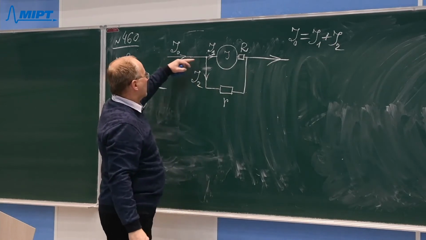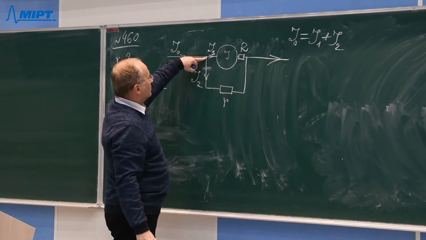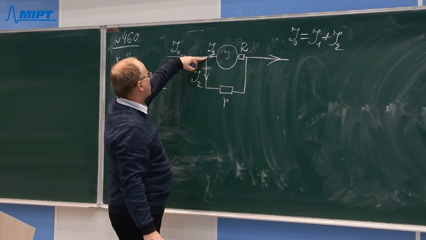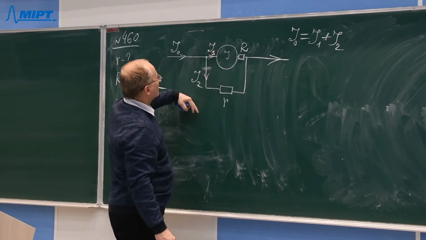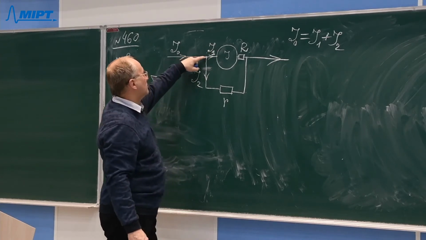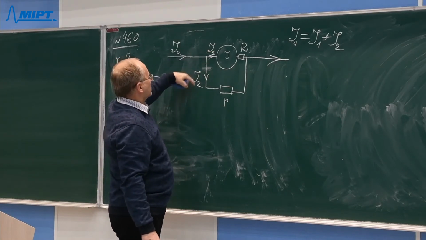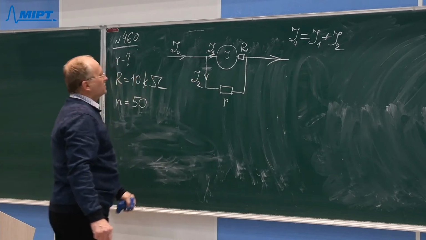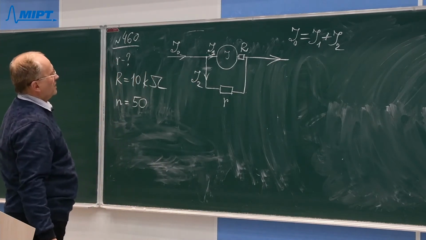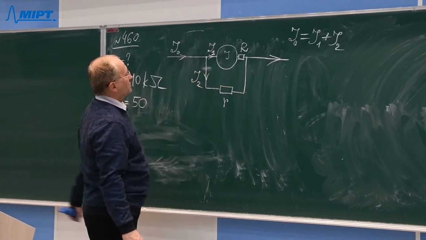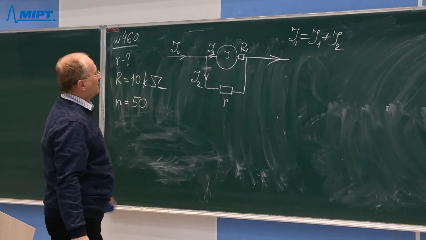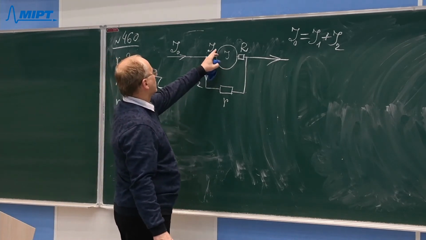The total current coming to this point will be equal to the total current leaving this point, because no charge can be accumulated here at this point. So the sum of these two currents is equal to the total current here. Now the galvanometer will measure the current I1.